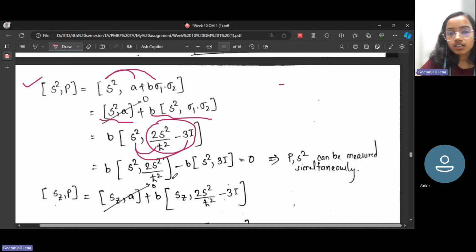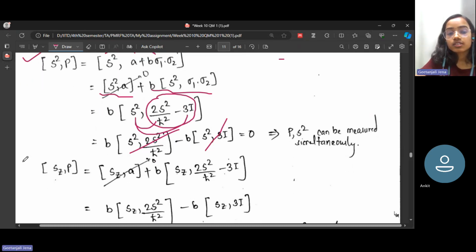If you check, S square commutation with S square is 0, and S square with 3I is also 0. So that means the commutation relation of S square with P is 0. This means that you can measure P and S square simultaneously.